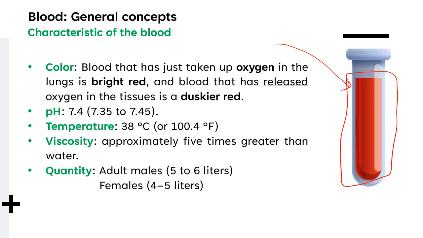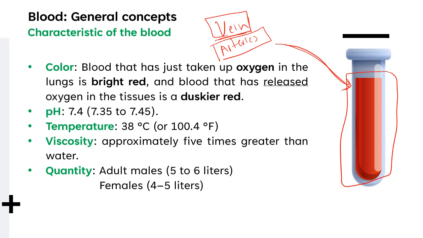But first, you should know that if you take a blood sample from a patient, the vast majority of the time, the place where you're going to take blood is from the vein. You should know that veins are blood vessels that transport blood, but also that we have arteries. Arteries are also blood vessels that transport blood.